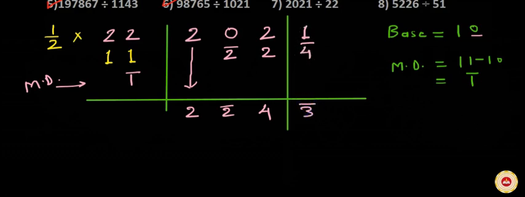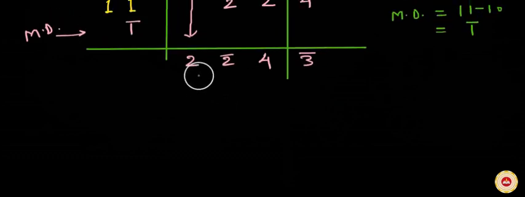So friends, quotient is 224 with middle 2 negative and remainder is negative 3. So let us convert this quotient, which is in vinculum form, into normal number. Reduce this 2 by 1, 1.